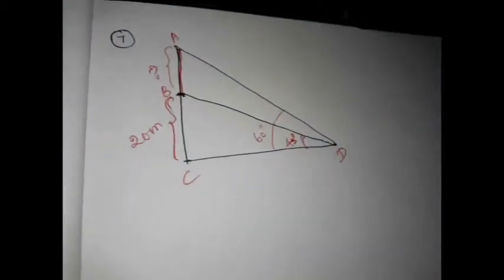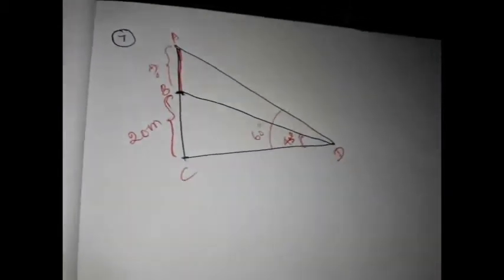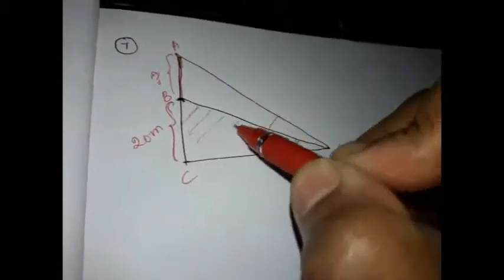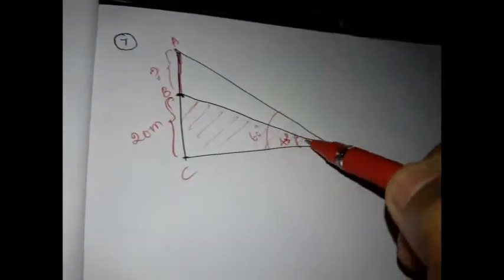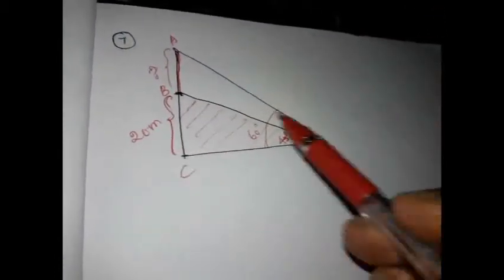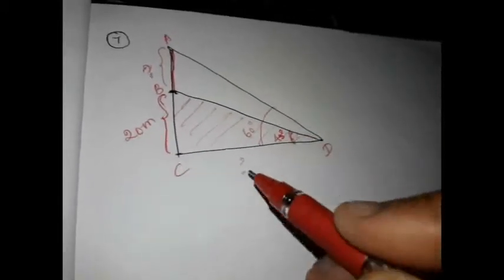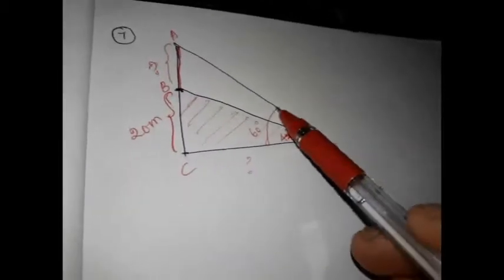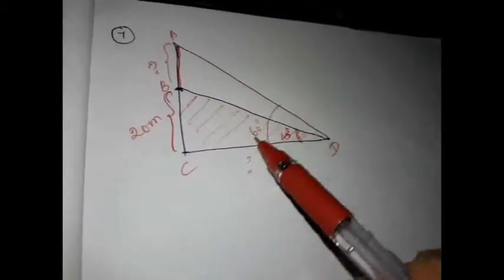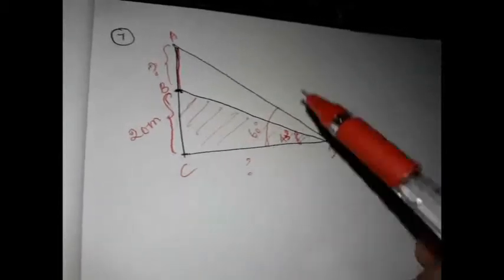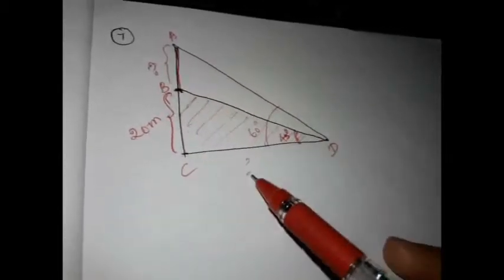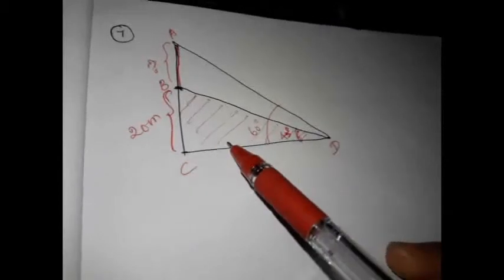So how will you find out? First we will take this triangle, and this is known, and this angle of elevation is 45 degree. So we can find what is our CD, right? Then let us consider the entire triangle, and this is 60 degree. We need to know this, and we can find this using the previous triangle.